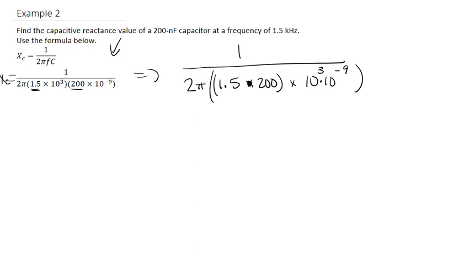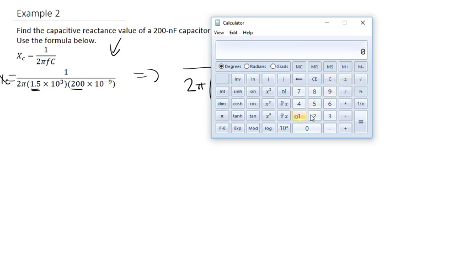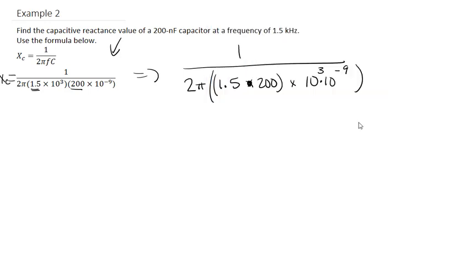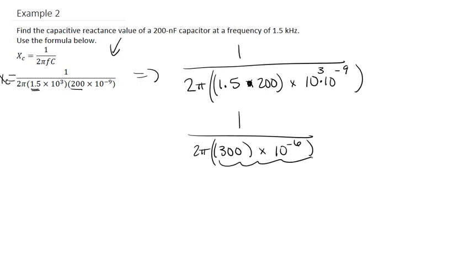Now let's get our calculators out. We have 1.5 times 200, so we get 300. We have 1 over 2 pi 300 times 10 to the, before we just added these together, so 3 and negative 9, that's negative 6. Now we can convert this into a number.